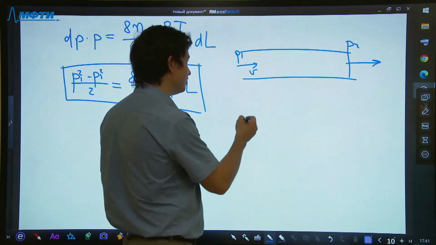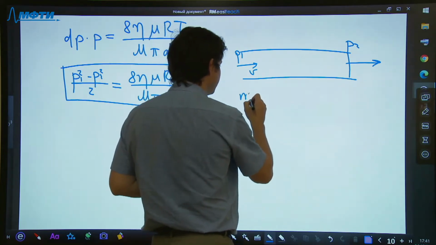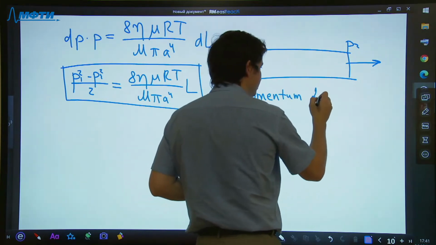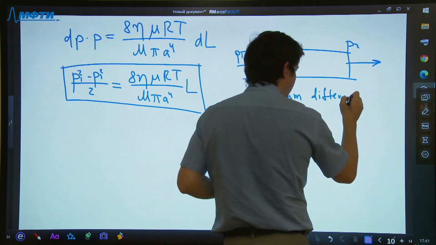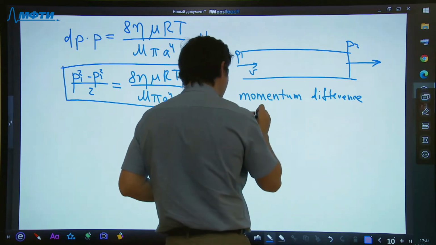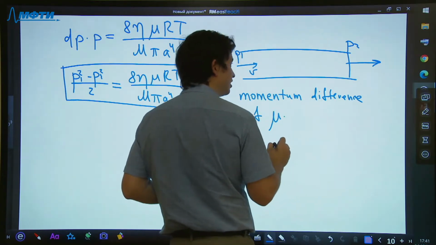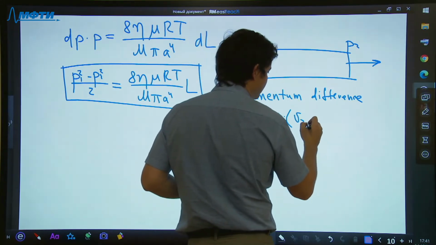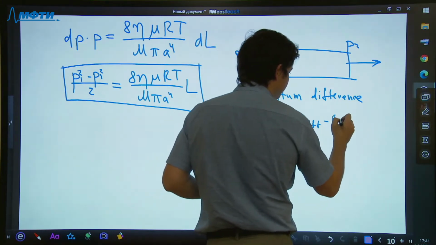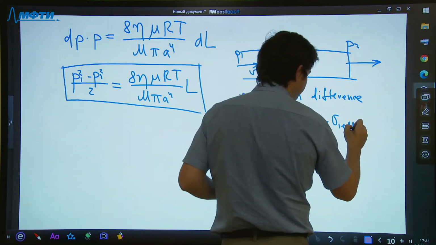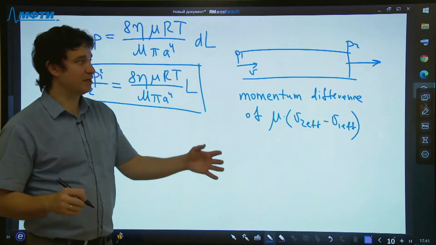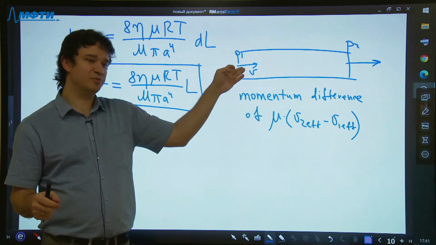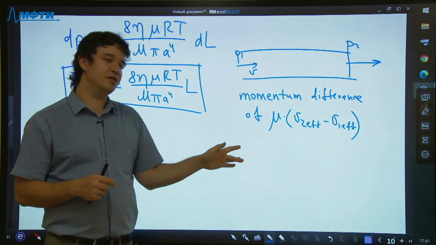So that means that you have a momentum difference of mu times some V effective on the outlet minus V effective on the inlet. Effective, which means that it's somehow proportional to the maximum speed here, but it's not exactly equal to that.